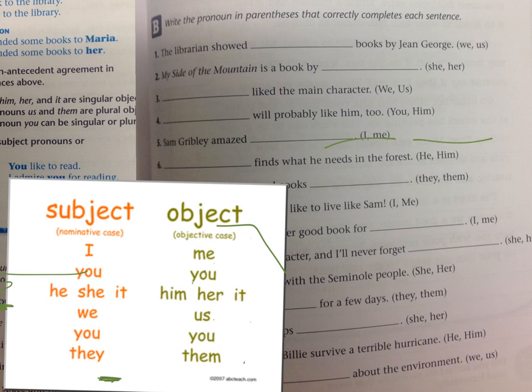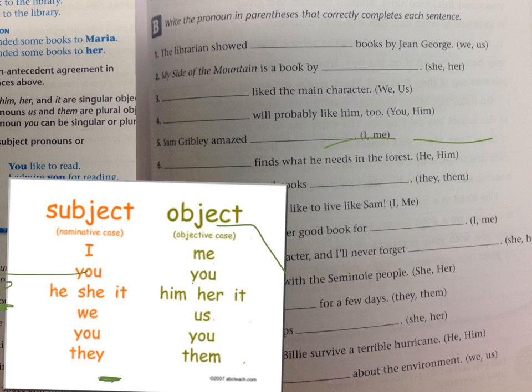So it says the librarian showed blank books, all right, by John George. It says librarian showed us or we. The librarian should be the subject. So we are now putting the words in the object. So which one is an object?